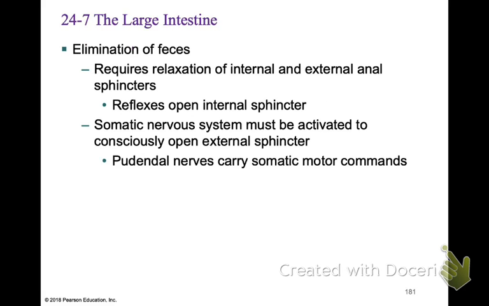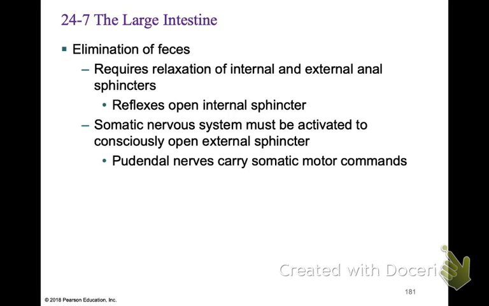So our defecation reflex is going to be regulated by the movement of material into the rectum, and then you've got to relax the sphincters. Intrinsically, babies do this without having any control over it, but your somatic nervous system can be entrained to control the external sphincters so that you can resist the urge to go if it's not convenient.